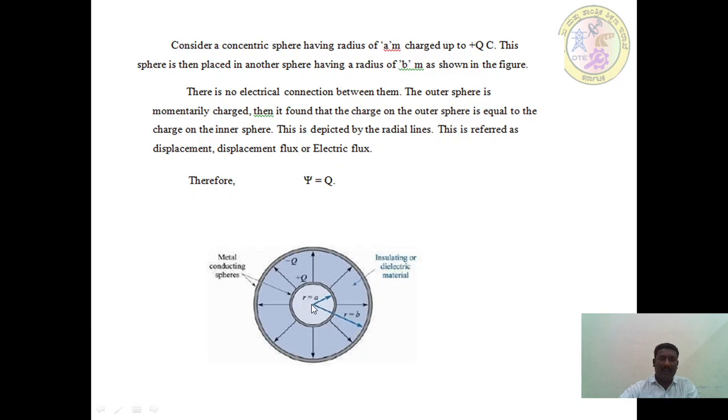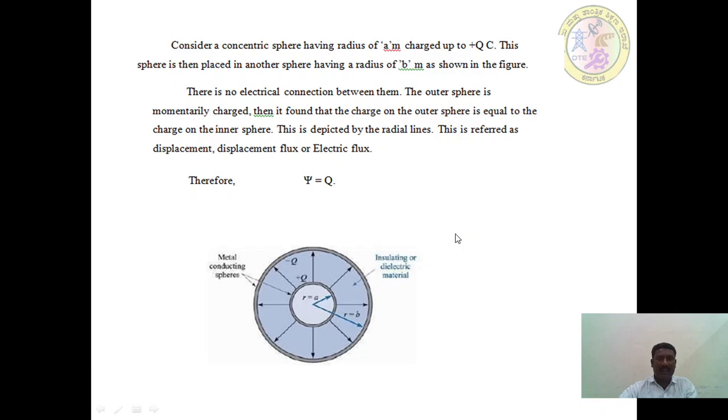See this inner sphere having a radius r equal to small a, and outer sphere having a radius r equal to small b. And in between these two spheres, inner and outer sphere, they are placing an insulating or dielectric material having some particular dielectric constant.